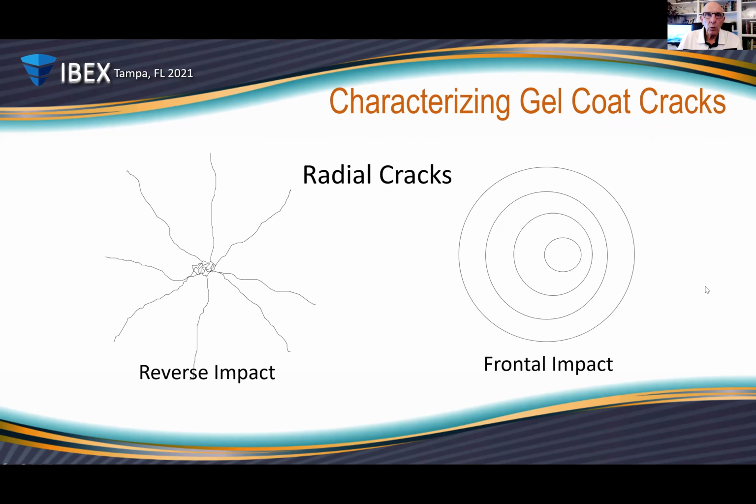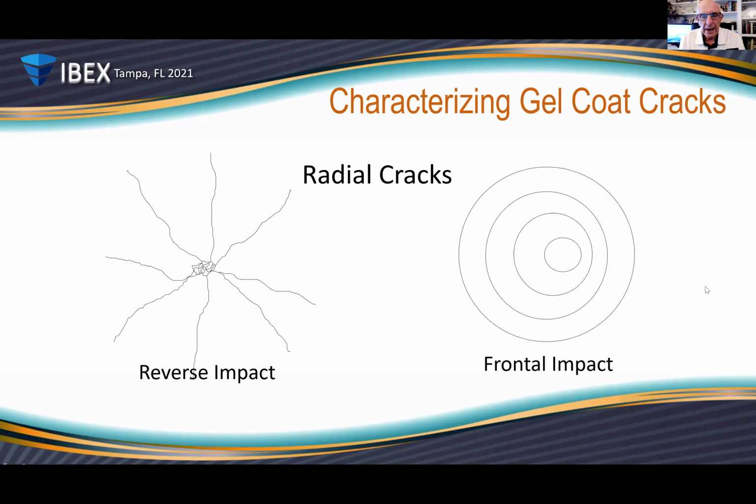So we have one flavor of gelcoat cracks that are termed radial cracks. And the two types of cracks that are involved in this particular situation are reverse impact cracks or frontal cracks.